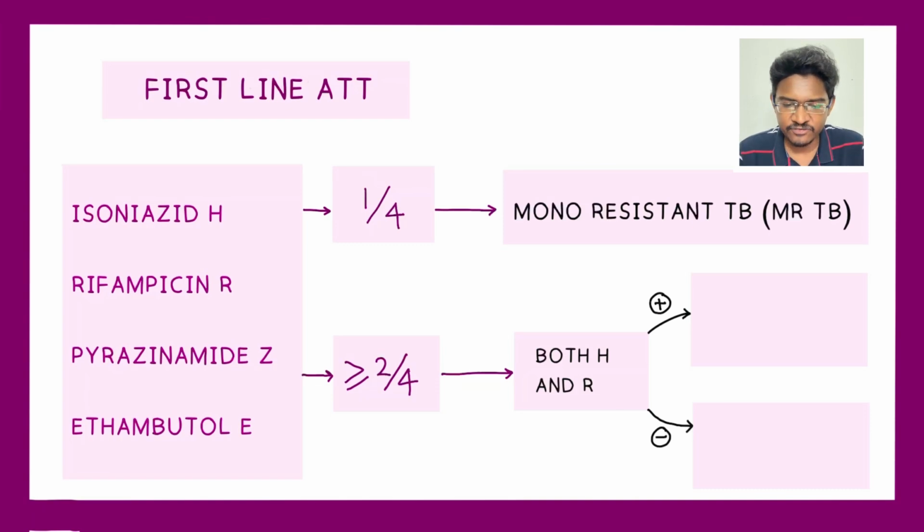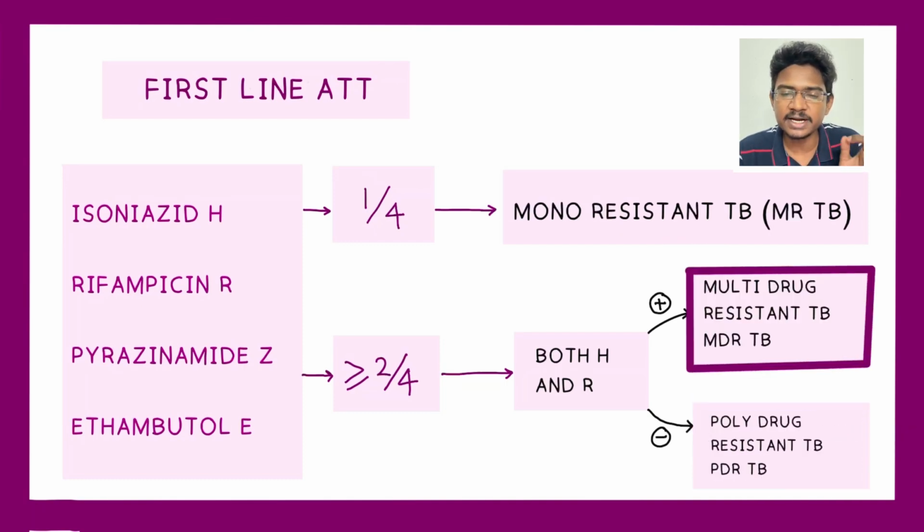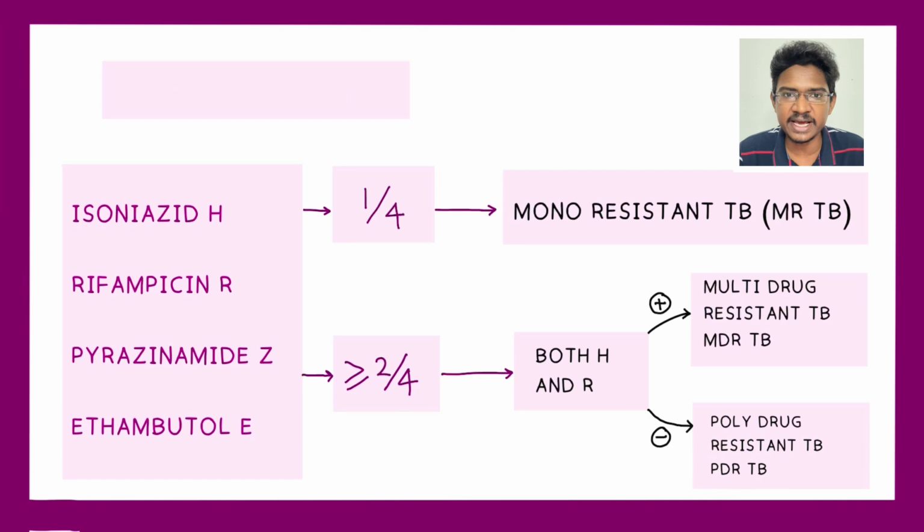Next, if the resistance is to 2 or more out of the 4 first line agents, then we will see whether the resistance involves both the topmost H and R. If yes, then we call it multi-drug resistant tuberculosis, MDR-TB. If no, then we call it poly-drug resistant tuberculosis.